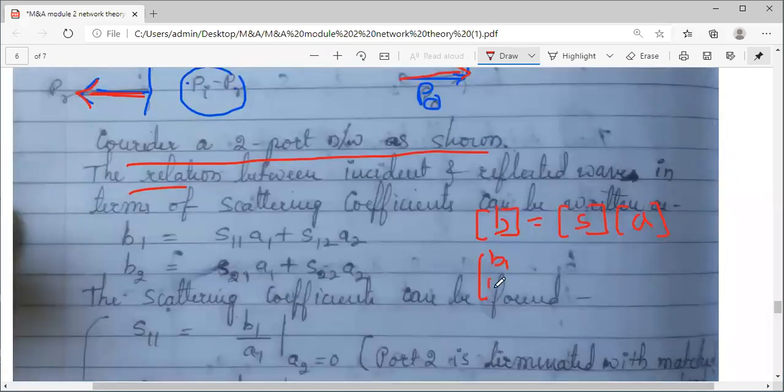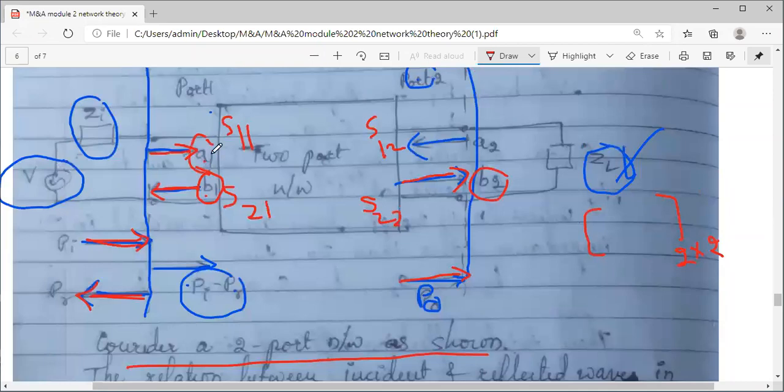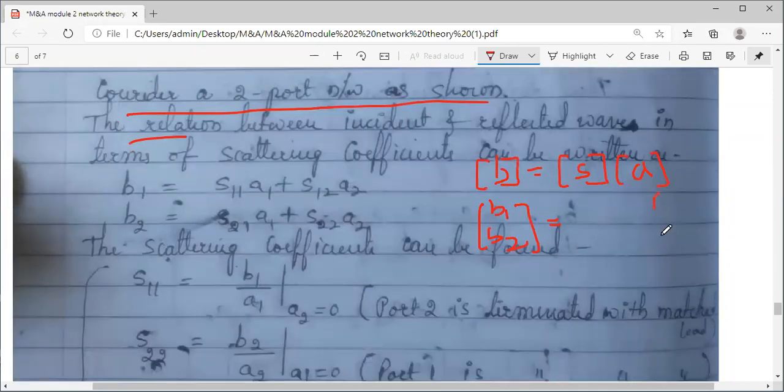It's a column matrix, B1, B2. Similarly, how many incident waves? A1, A2, a column matrix. What is the order of this matrix? Number of rows 2, number of columns 1, so the order is 2 cross 1.